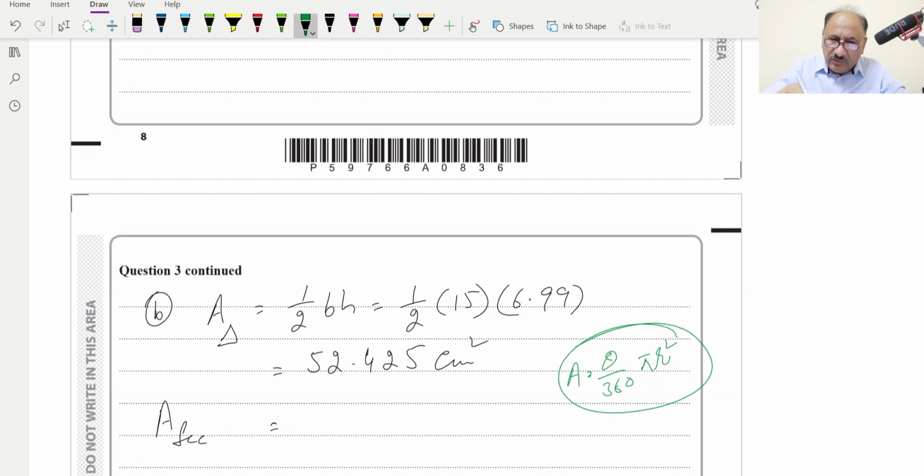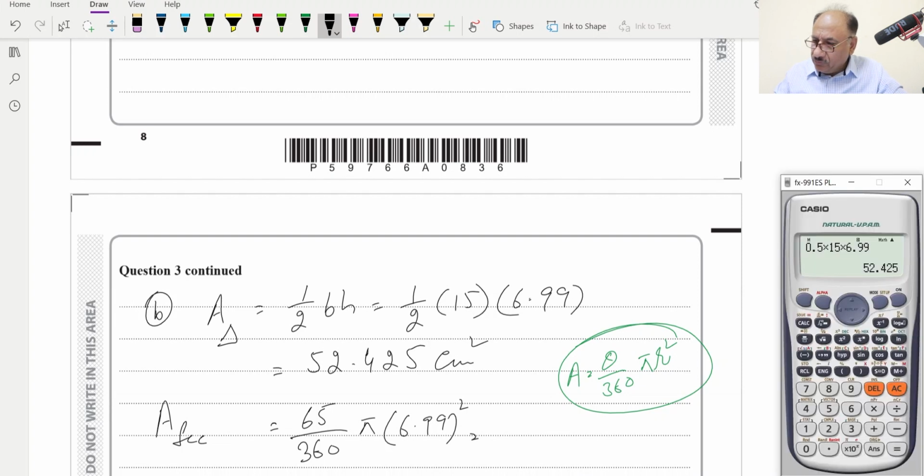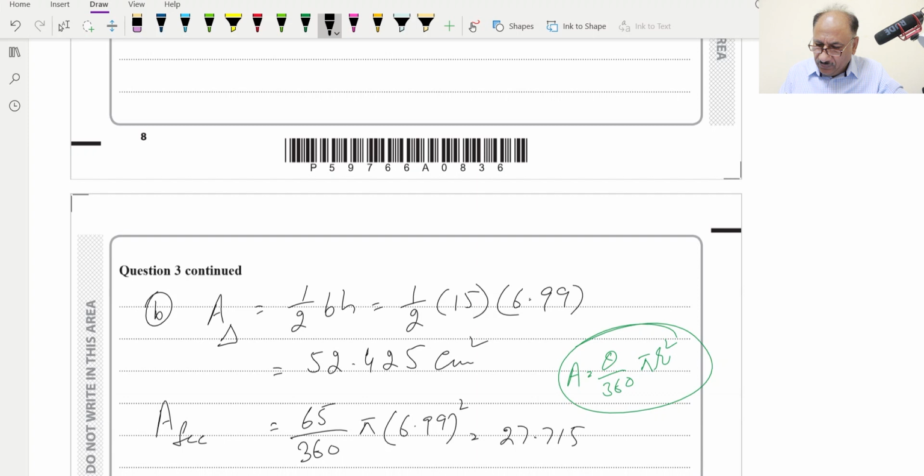This is the area of sector formula, which we will be applying over here. 65 is the sector angle, so 65 over 360 multiplied by pi, and r squared means 6.99 squared, and this is giving us 27.715 centimeter square. This is the area of the sector.